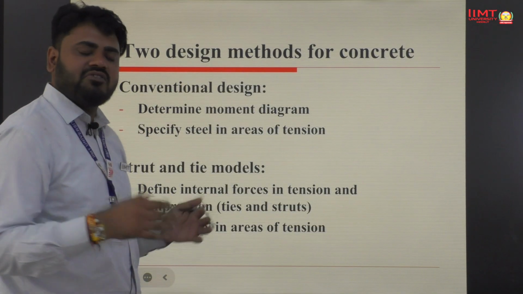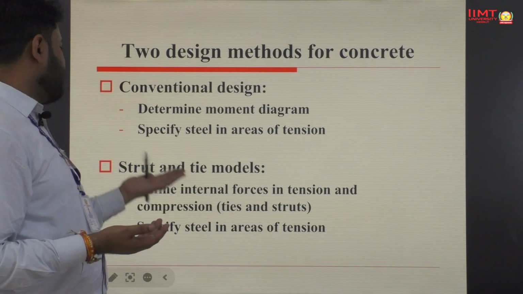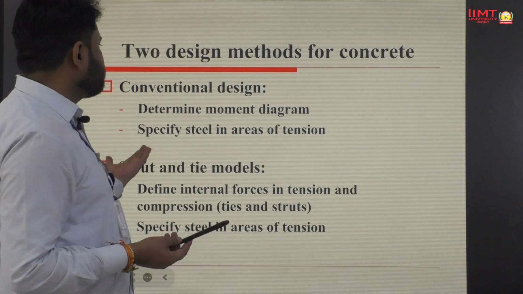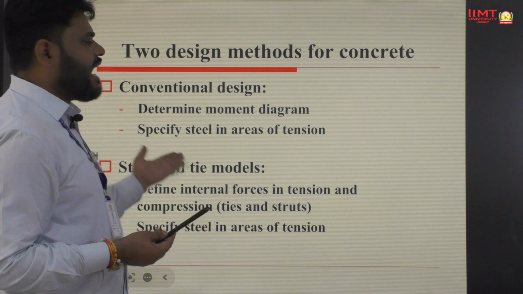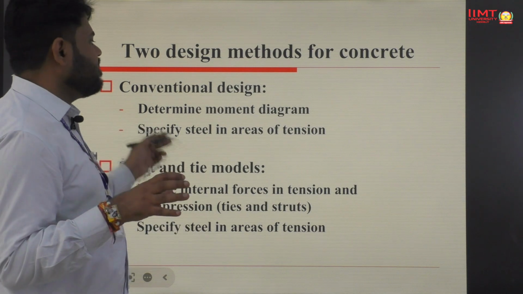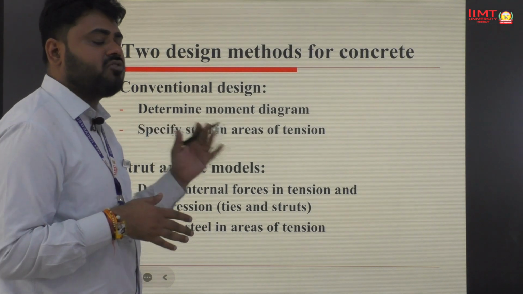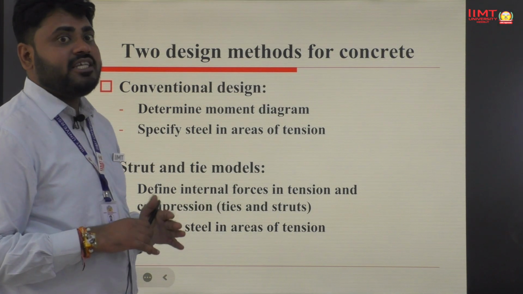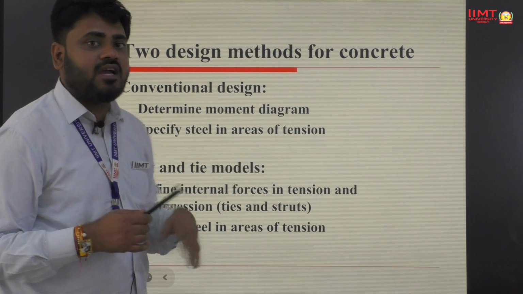For conventional design, there are different types of design methods. First we determine the moment diagram. We find the moment of resistance. Then we specify the steel in the area of tension.